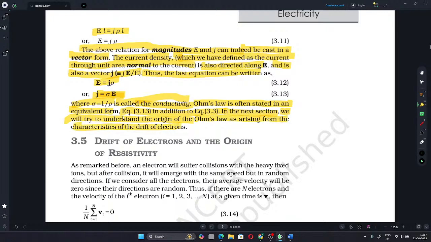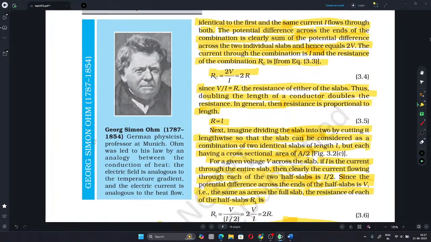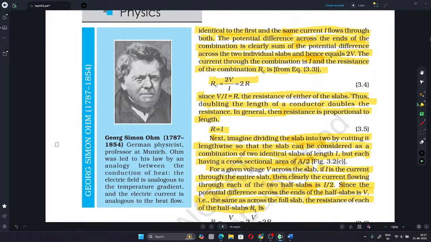Let's see the topic Ohm's law again, but they gave a slight introduction of George Simon Ohm. We will read George Simon Ohm, 1787-1854, born in 1787, German physicist, professor at Munich.